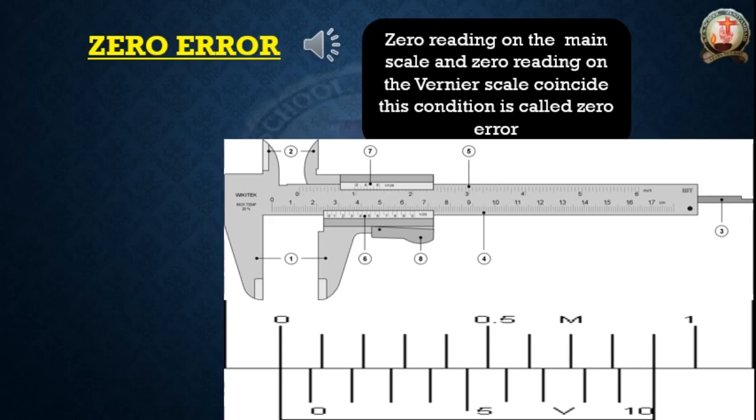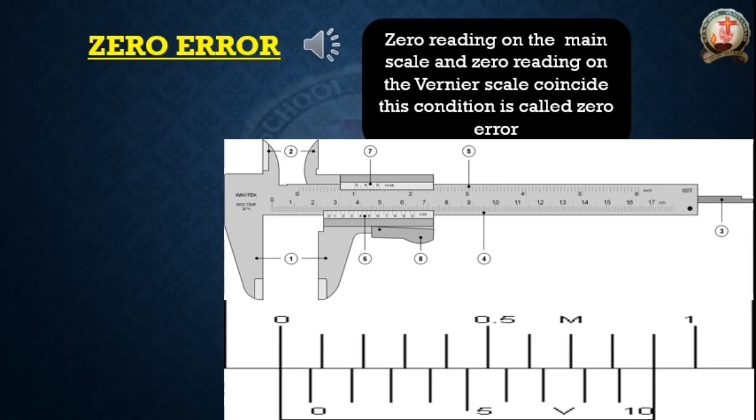In the main scale, the thick line is the 0 reading, and the thick line on the vernier scale also coincides with it. Both look like a single line. So whenever the 0 reading on the main scale and the 0 reading on the vernier scale coincide, that condition is called zero error.